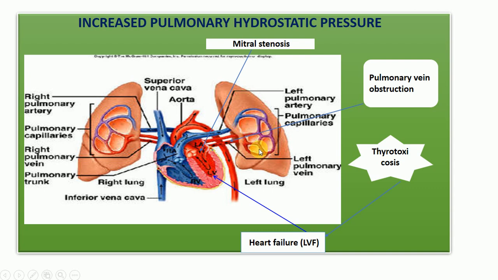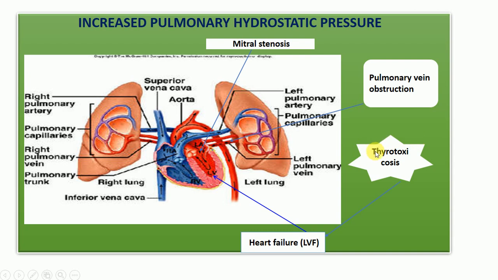And that's why we say it is a hydrostatic pressure. The fluid will be static over there. Therefore, the accumulation of blood here will build high hydrostatic pressure, which will then force fluid to move out from these vessels, and therefore cause what we call pulmonary edema or alveolar edema.